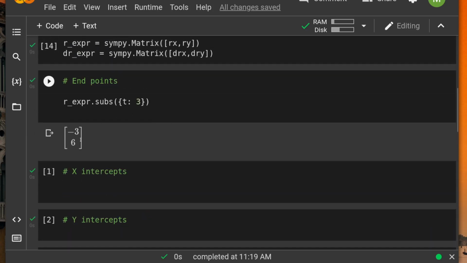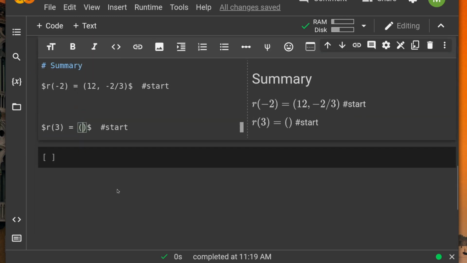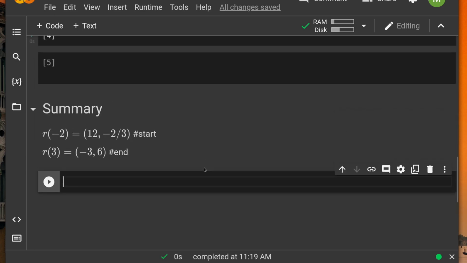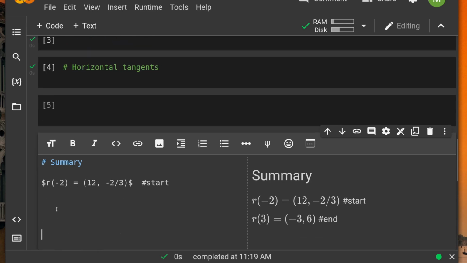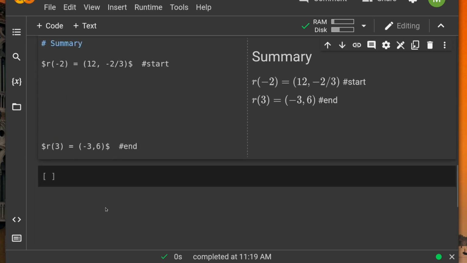The coordinates were -3, 6. And this is the end point of our curve. Now everything interesting is going to happen between these two endpoints, so let's put some space in there. And I'm going to write them in increasing order of the parameter.